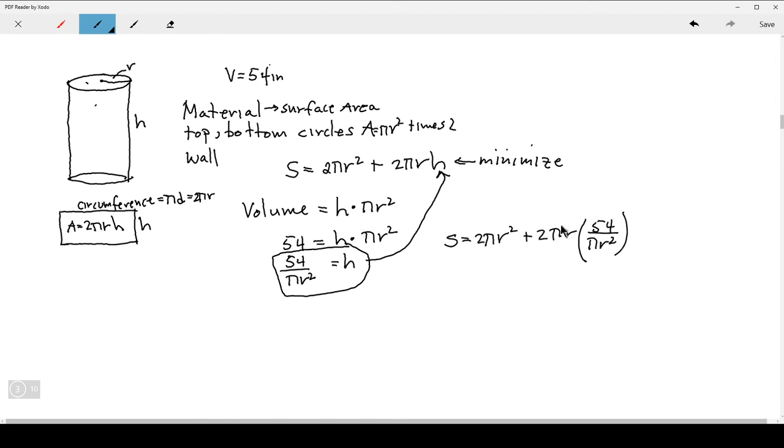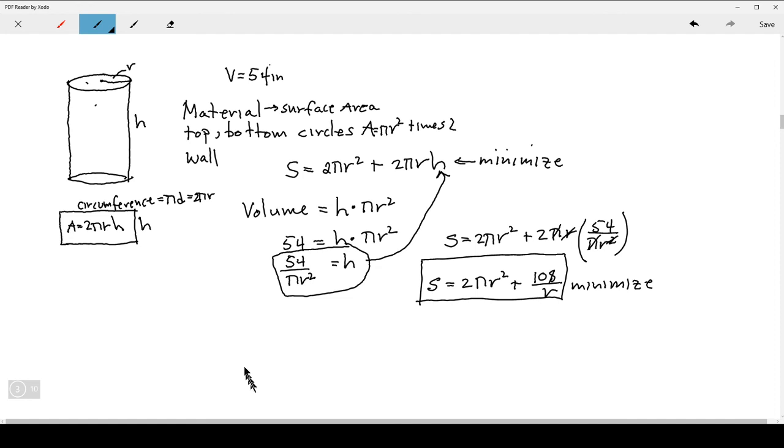My pi's are going to go, and one r is going to go with one of the r's there. So I end up with S being 2 pi r squared plus 2 times 54, which is 108, over r. And this right here is the equation I want to minimize. I need a little more room and I'm almost done.